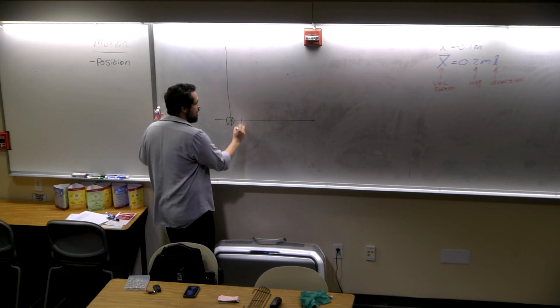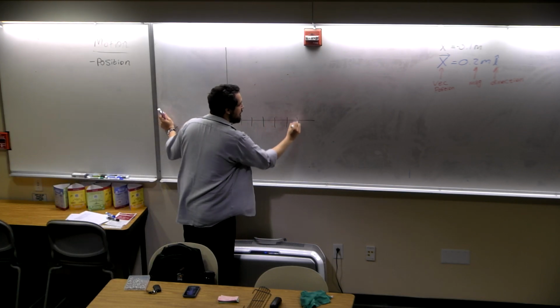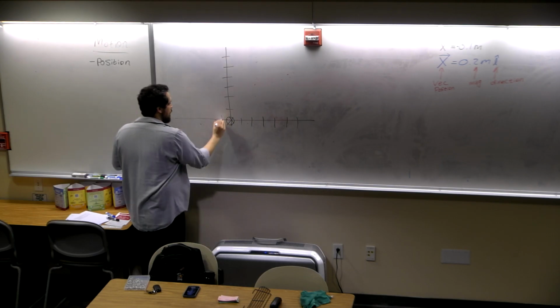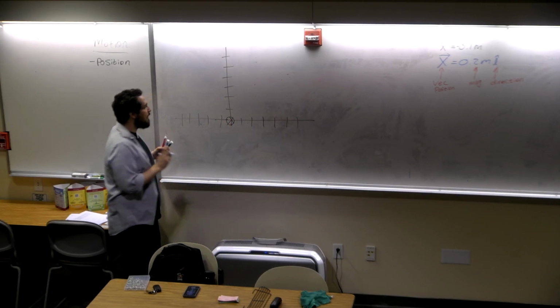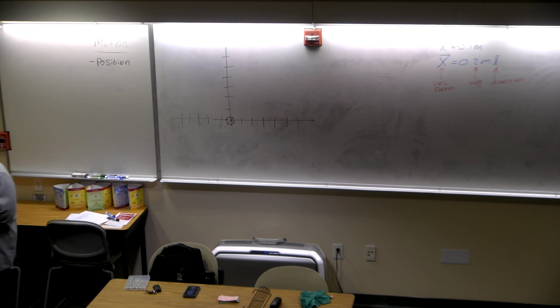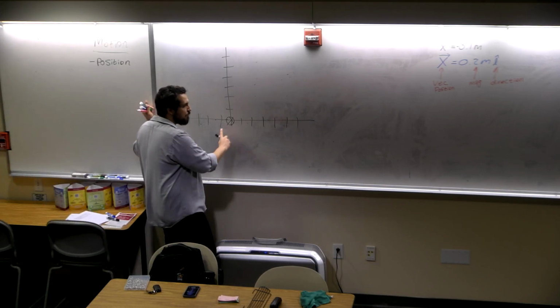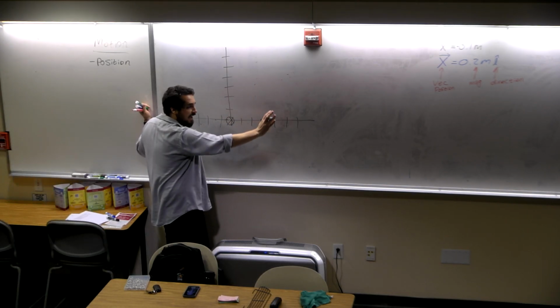So we'll say this is 1 meter, 3 meters, 5 meters going to the right. And to the left, we would have -1 meter, -3 meters, -5 meters. I'm skipping every other one just for the sake of keeping things a little bit clean. But we mark out our x-axis, our horizontal axis, to be positive to the right and negative to the left, just like we were doing before.